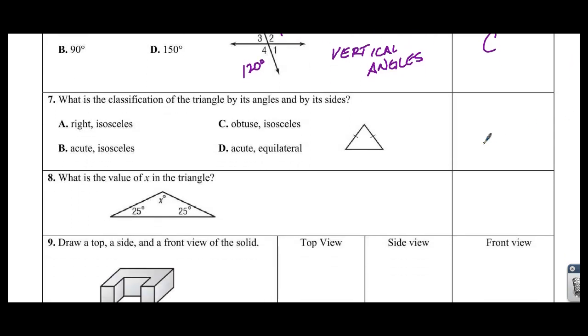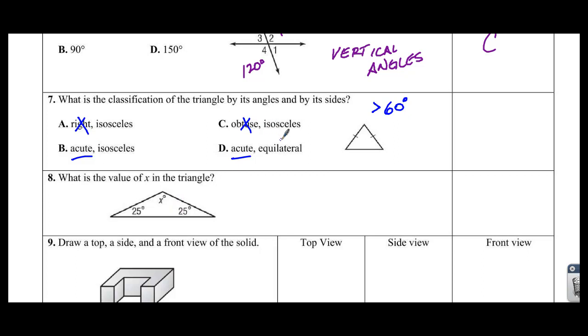Number 7. What's the classification of the triangle by its angles and its sides? Well, we know that all of these angles are less than 60 degrees, which makes it acute. It is definitely not a right, it is definitely not an obtuse.